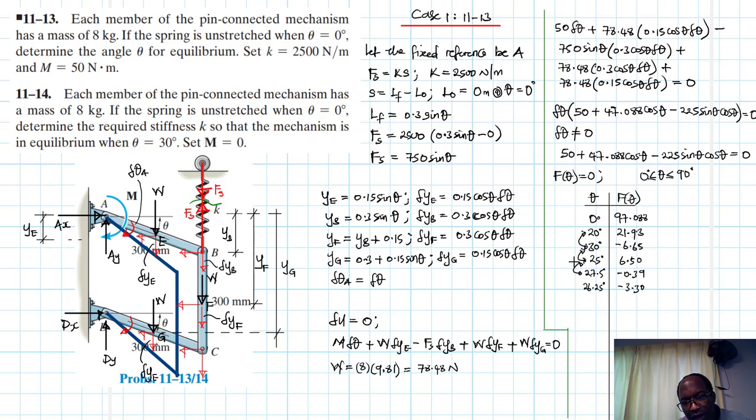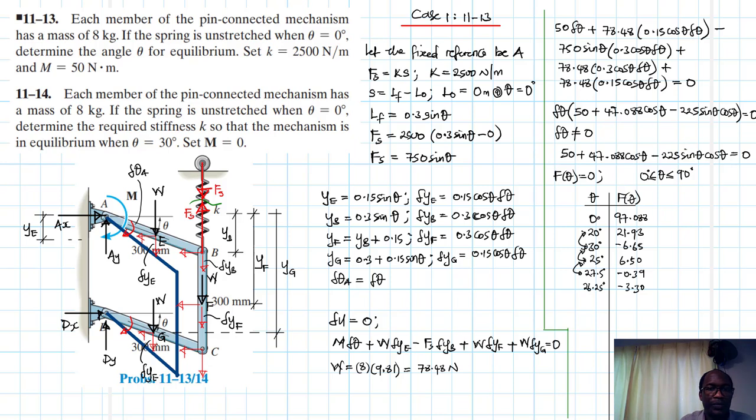So the average again, so it is taking us back to, of course, the solution now lies between, let me check this again, 25 plus 27.5, 52.5, 26.25. Okay, 50 plus 47.088 cos 26.25 minus 225 sine 26.25 cos 26.25.